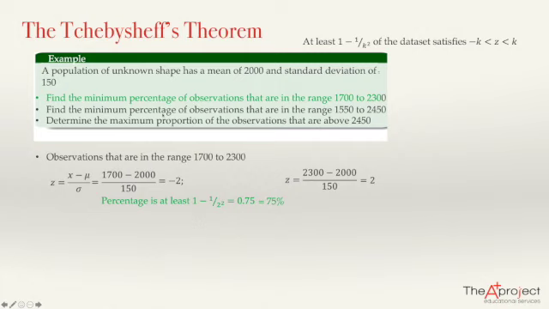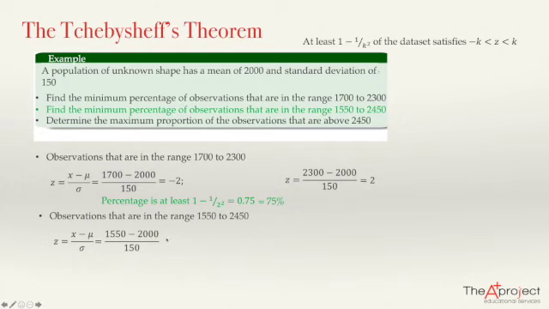To answer the second question, we are going to do the same. Now the two values are 1550 and 2450. The Tchebyscheff theorem can help me if the z-values of these two numbers are the same with different signs. So let's find the z-value of each one. The z-value of 1550, using the formula of the z-score, will be 1550 minus 2000 divided by 150.